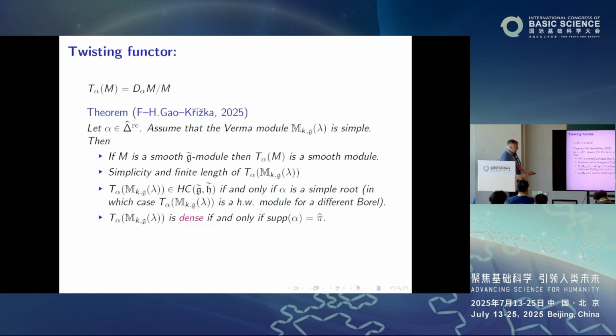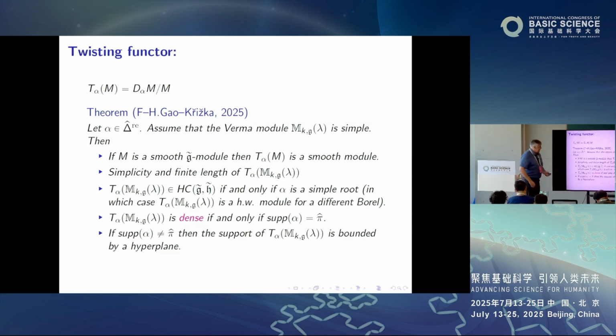Then we will get a dense module. If it is not the case, then the module will be bounded. There will be a hypersurface in the weight lattice which bounds the weights of this module. Okay, so this is the situation if we work with Verma modules.